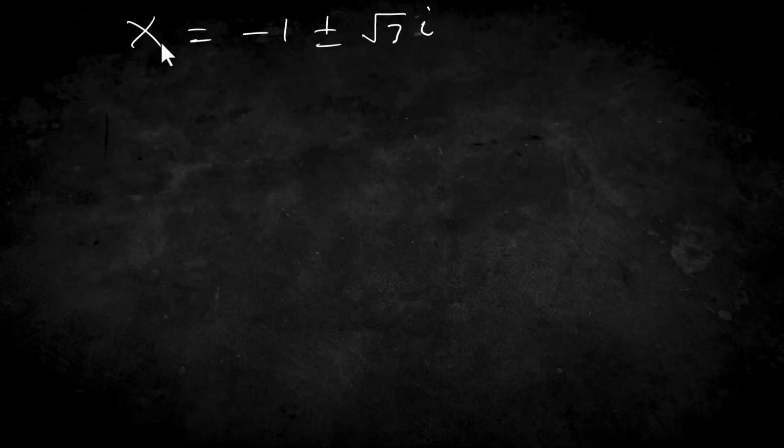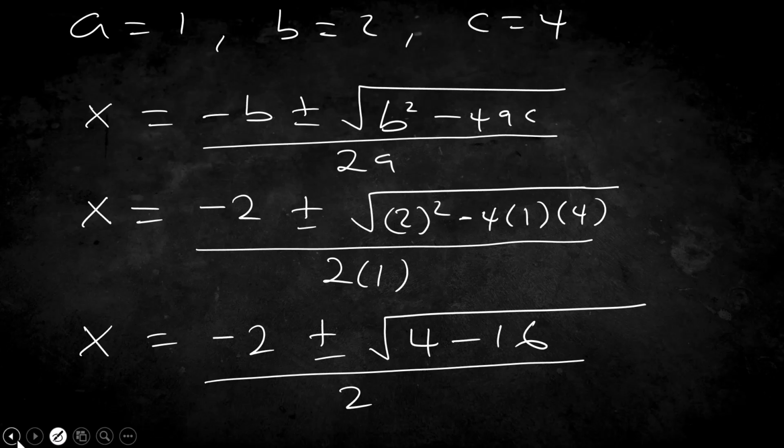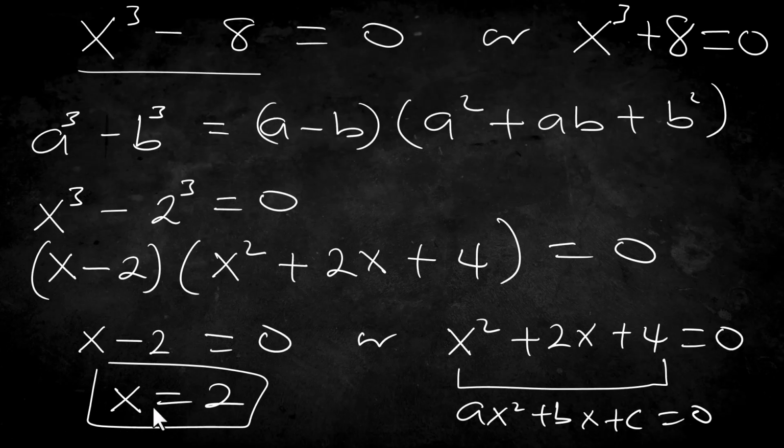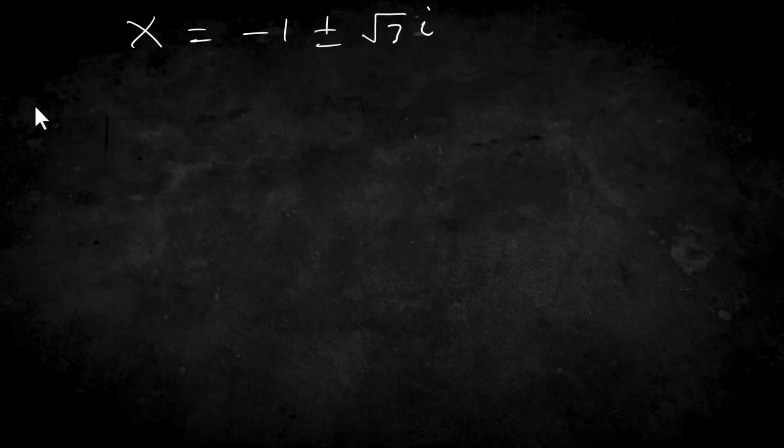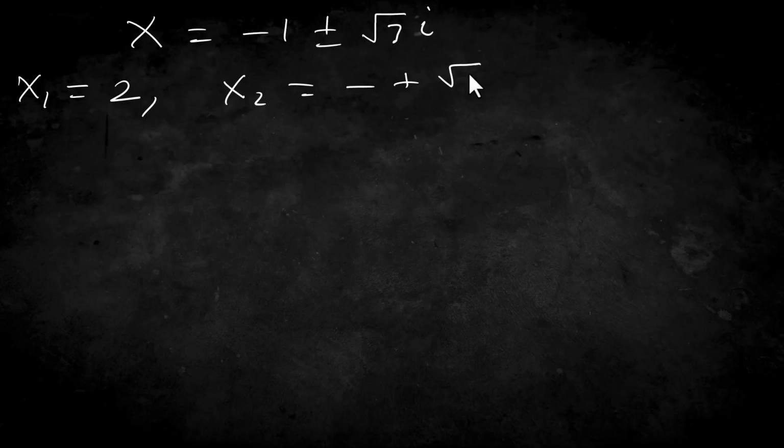So now let's look at the solutions. x1 is 2. x2 is minus 1 plus root 3 i. x3 will be minus 1 minus root 3 i.